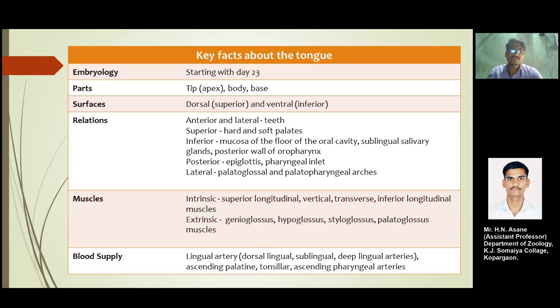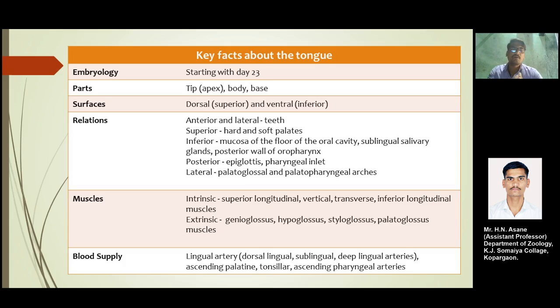There are two surfaces, dorsal and ventral, that is superior and inferior surface. The relations are anterior and lateral teeth; that is, the tongue has relations with other organs or other parts of the buccal cavity.